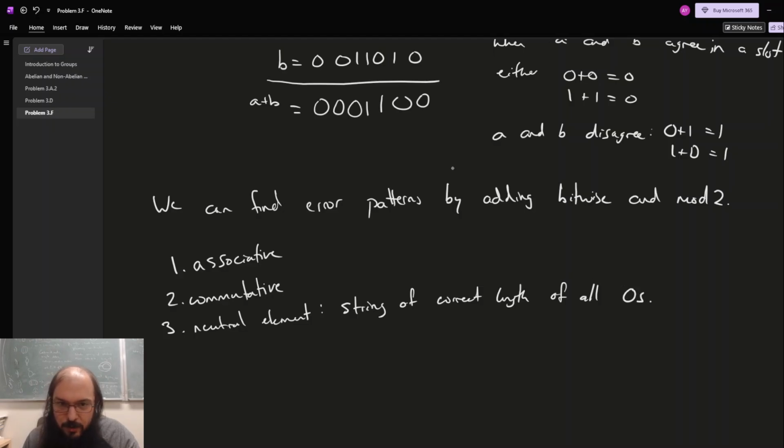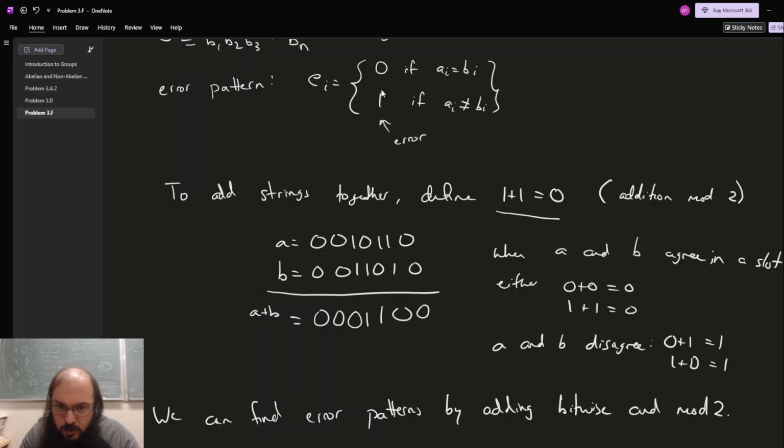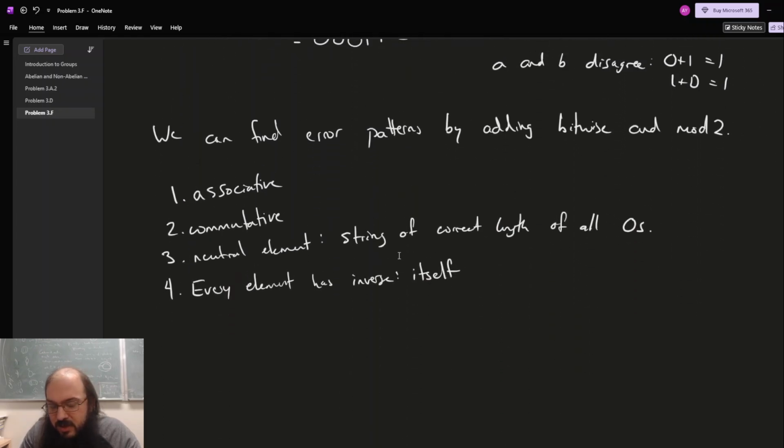When I add a 0 in every slot, nothing ever changes. And there is an inverse. This is a weird way of saying this, but it's itself. Because if the thing we're trying to get, the error pattern of all zeros, happens when everything agrees. If we agree everywhere in every bit slot, Ai equals Bi always, then they're just exactly the same. And so every element is its own inverse.